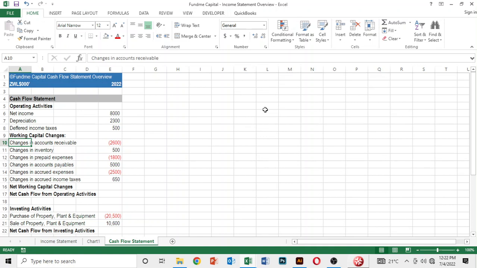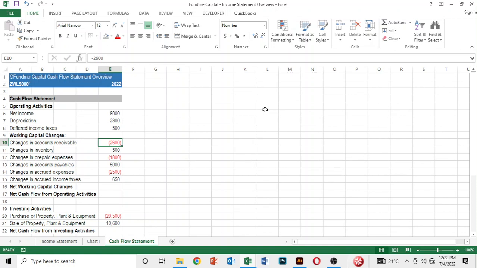So here we've got changes in accounts receivable. It's showing here in red that this is a cash outflow, right? And why is that? The cash flow here is showing us that accounts receivable are increasing, right? Which means there is an increase in the number of credit customers.